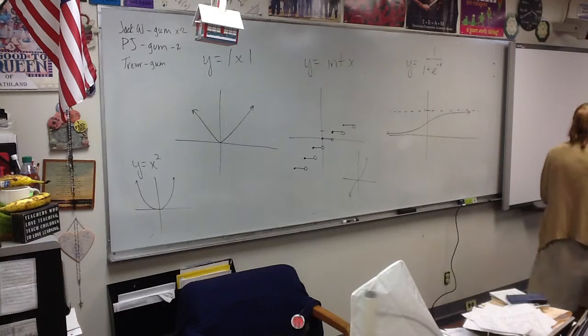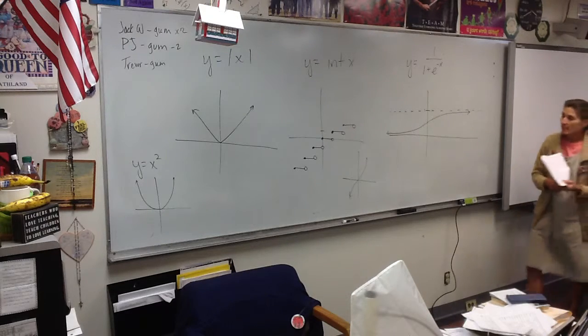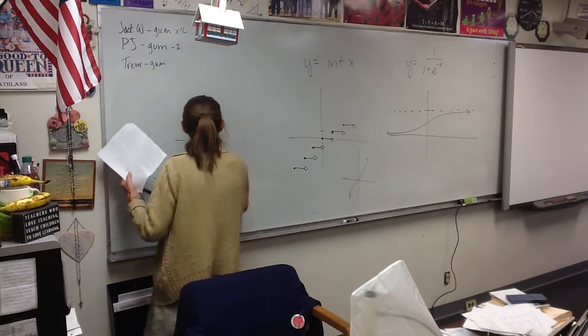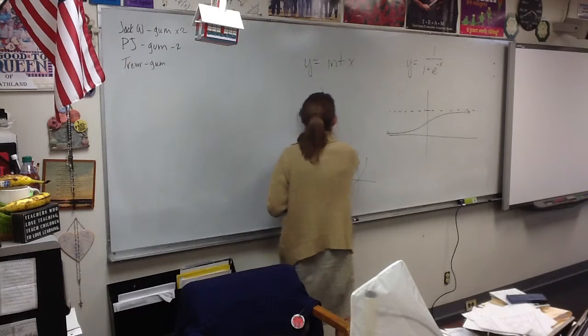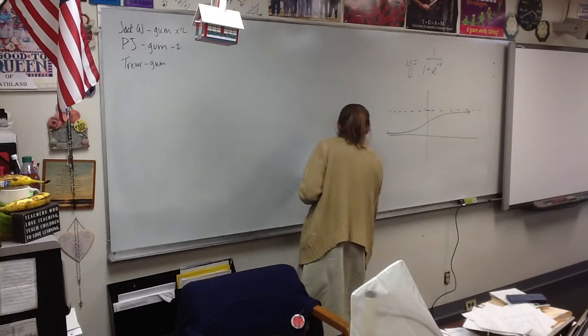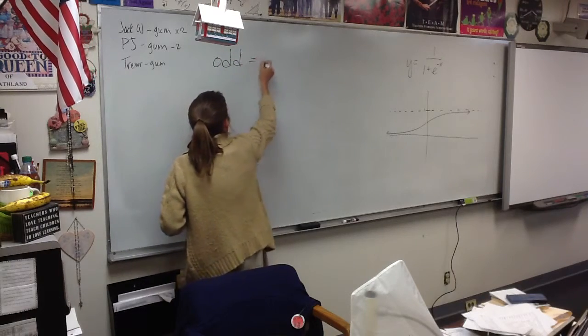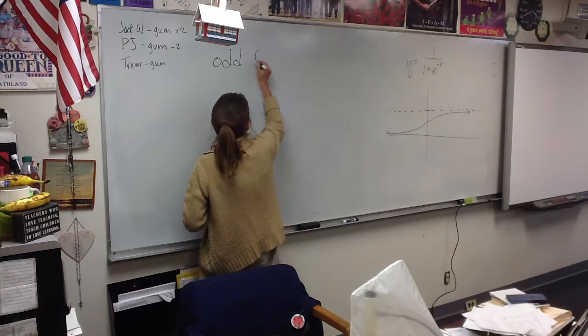Number 2 says, look on page 113 of your book at number 19. It says, consider your BFFs and name 4 of them that are odd. Now, we need to talk about that. What does it mean to be an odd function?